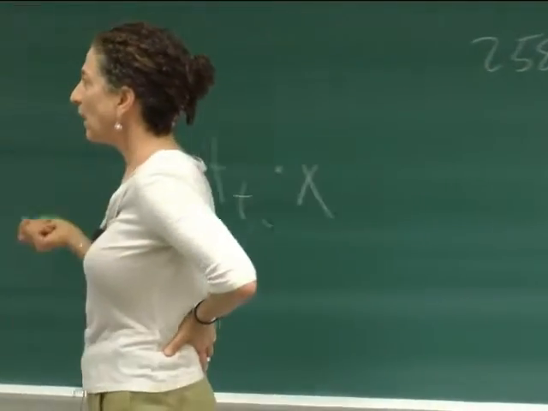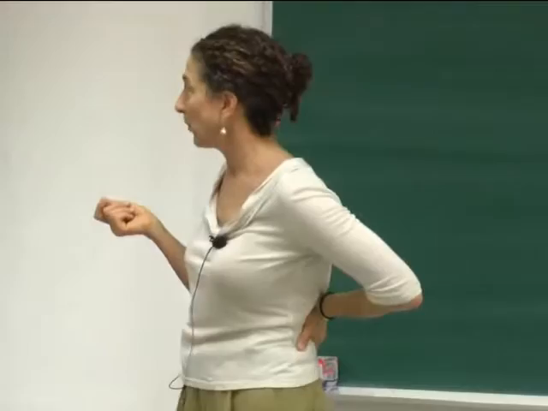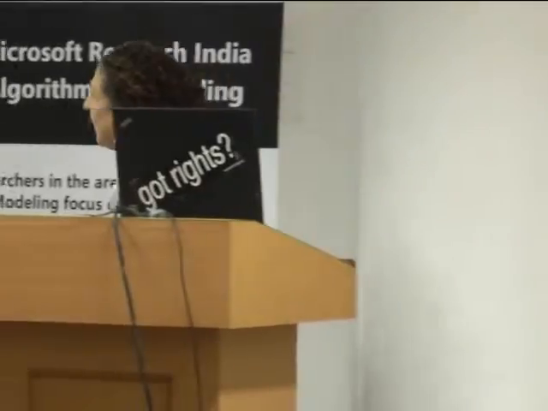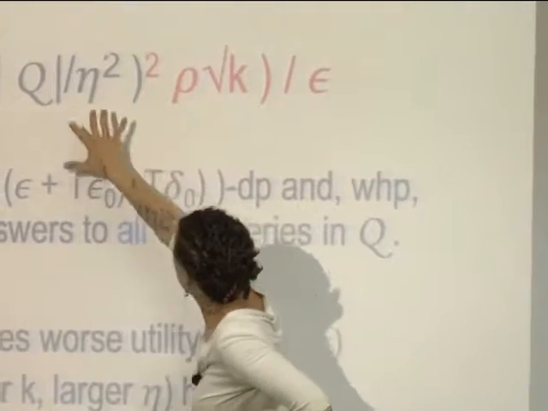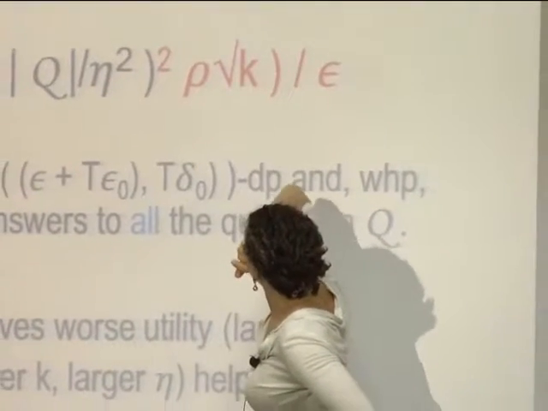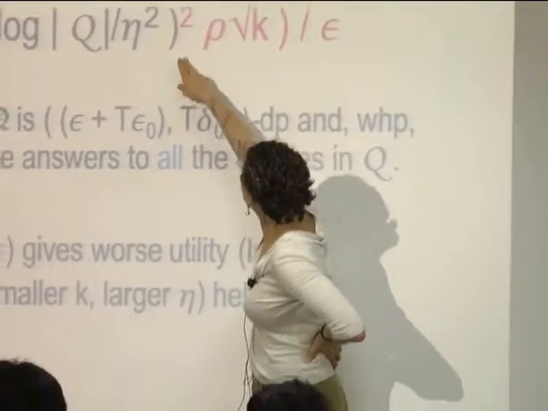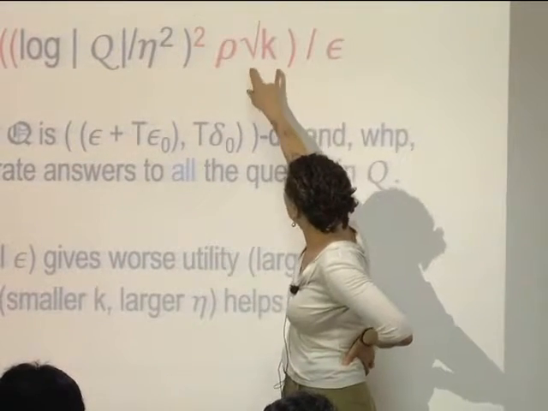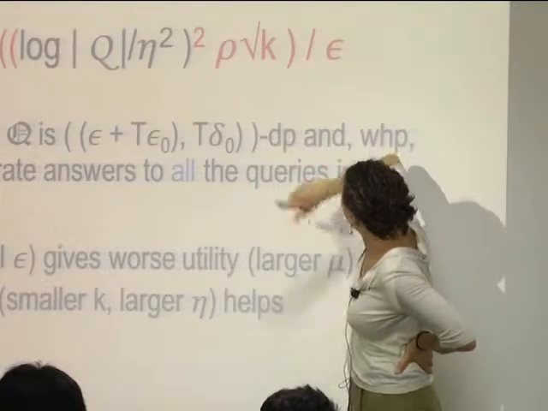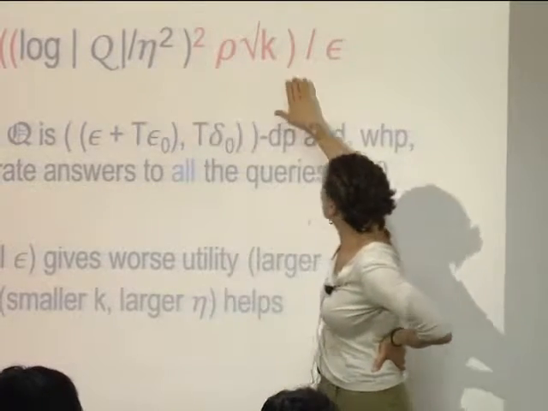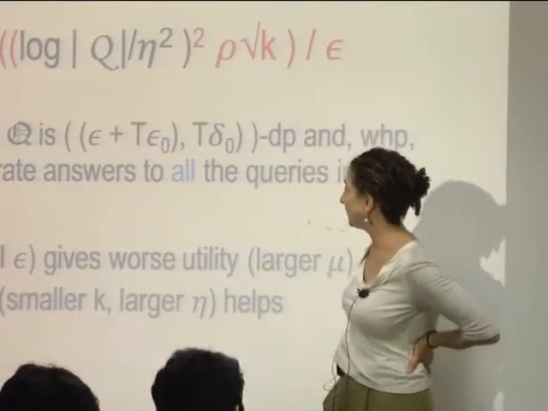It's going to be log of the size of q divided by eta squared. So this is how many rounds we have. I forget why we square it. We're going to throw in square root of k because we have k samples per round. And this is the thing that we divide by with, of course, our epsilon.